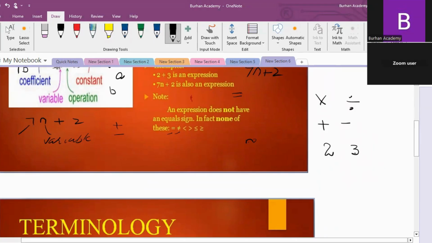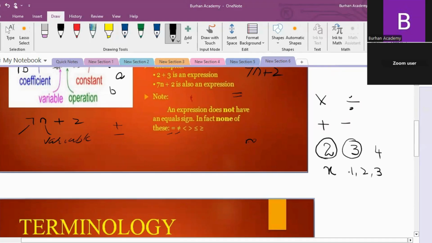There is no other number which can take the value of 3, or the value of 4. I have told you that x is a variable. It can be 1, 2, 3, and so on. But for 2 as a constant, there is no other number which can take its position.